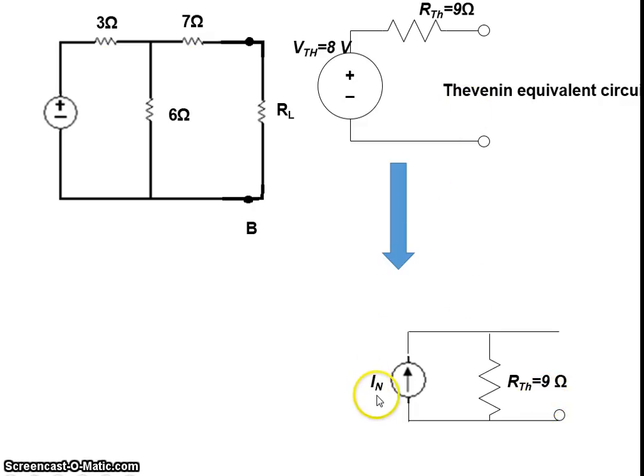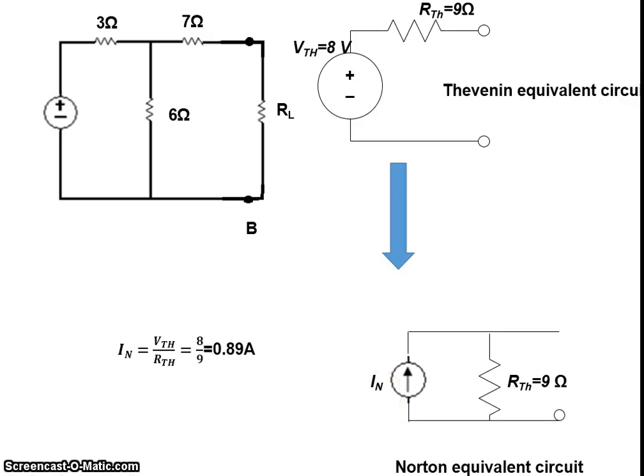Now to find the value of the current source, we can just do a source transformation. You remember the previous topic, source transformation. A voltage source in series with a resistor can be converted to the equivalent current source in parallel with the same resistor.